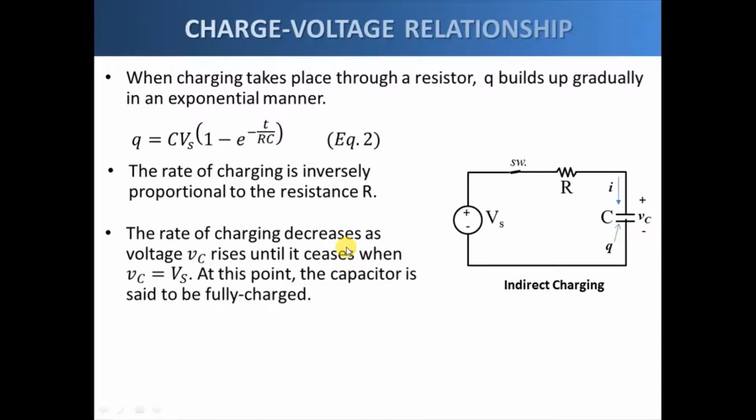Now the rate of charging decreases as the voltage across the capacitor rises until it ceases when the voltage across the capacitor equals the charging voltage. So we can say that once charging stops, the capacitor is actually fully charged.